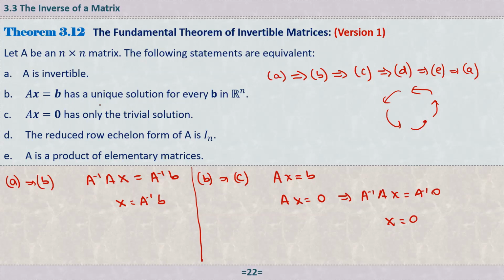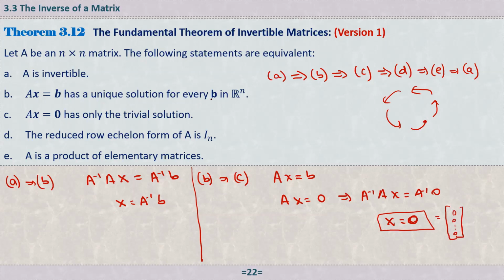And if I take the special case B equal to 0, it still keeps this position, so it has a unique solution, and the solution is 0. So what is 0? It's the trivial solution. Here we have not a single number, it's a 0 vector. Here all entries are 0.